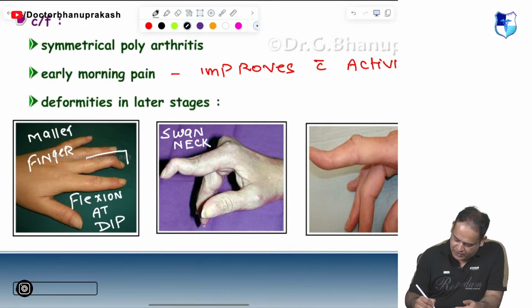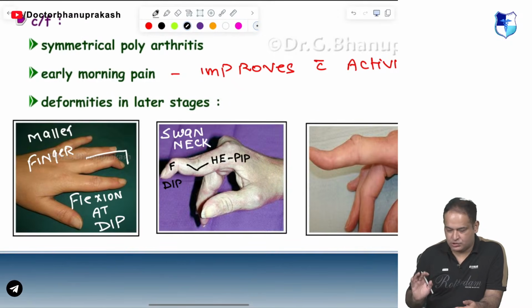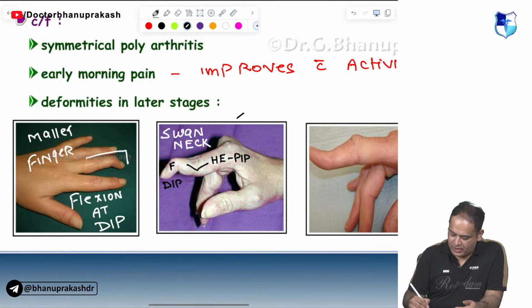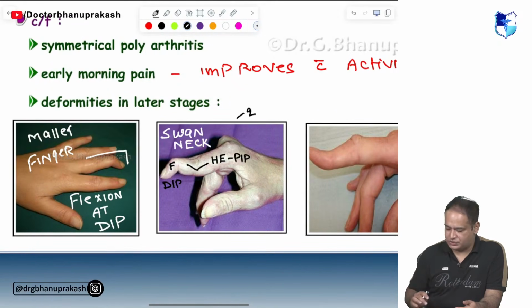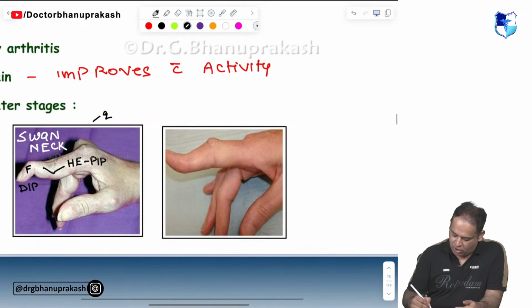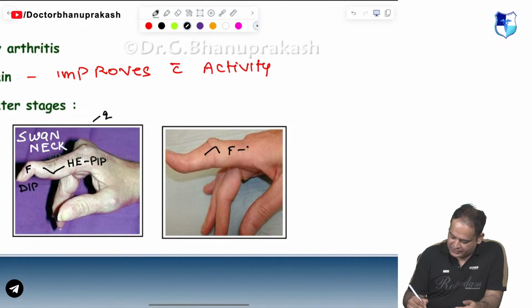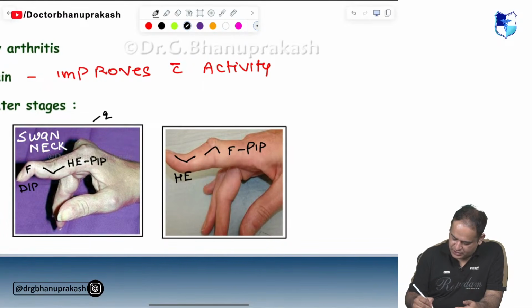There will be flexion at the DIP and hyperextension at the PIP joint. Swan neck deformity is very important as an image-based question, right? The opposite: there will be flexion at PIP and hyperextension at the DIP.